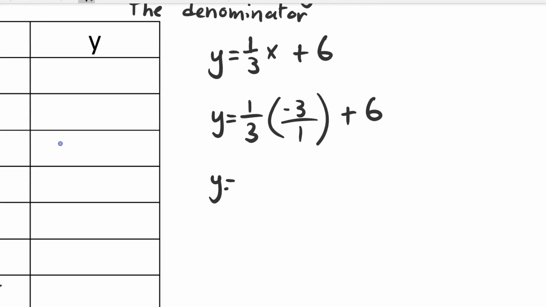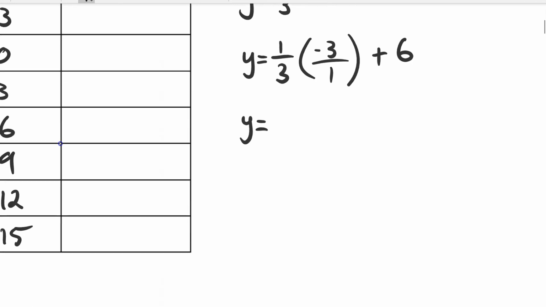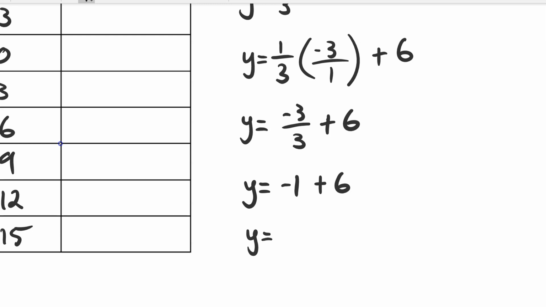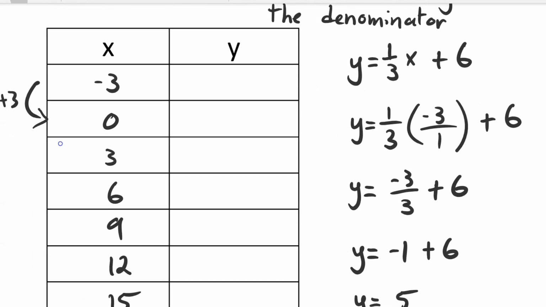Now y equals, when we multiply these fractions together, it results in negative 3 over 3, plus 6. Well, y equals negative 3 divided by 3 leaves you with negative 1, plus 6. Y equals negative 1 plus 6 leaves you with 5. So when we chose an x value of negative 3, it resulted in a y value of 5.